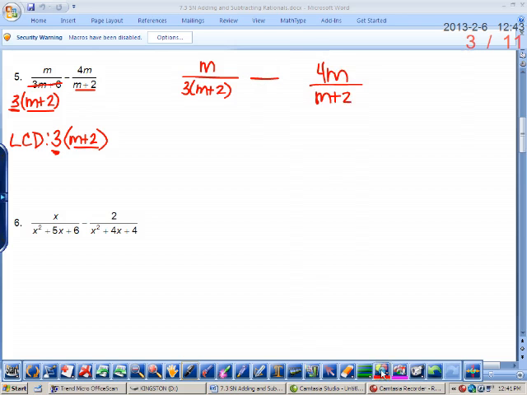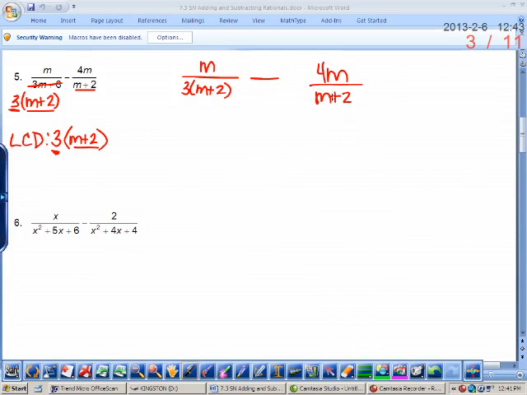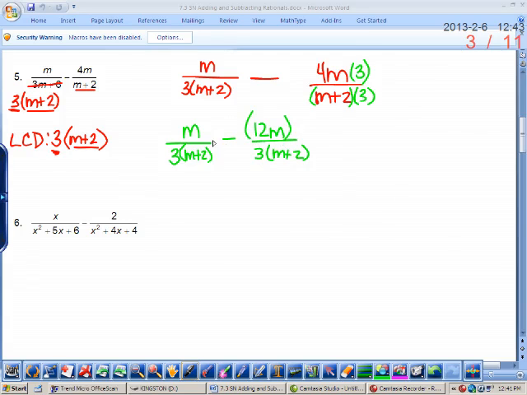Okay, what do we have to multiply that first fraction by? Nothing. What about the second fraction? 3. So I have m over 3 times m plus 2 minus 12m over 3 times m plus 2. When you see this subtraction, what are you going to do? Parentheses.